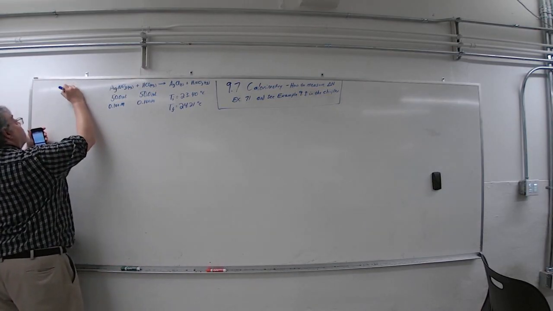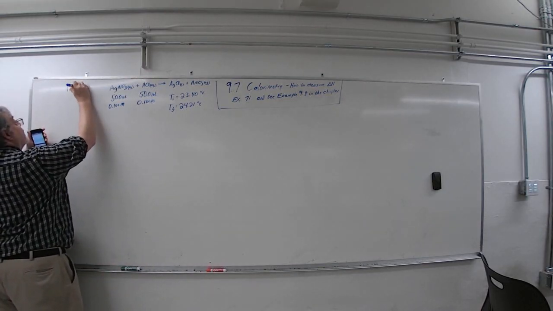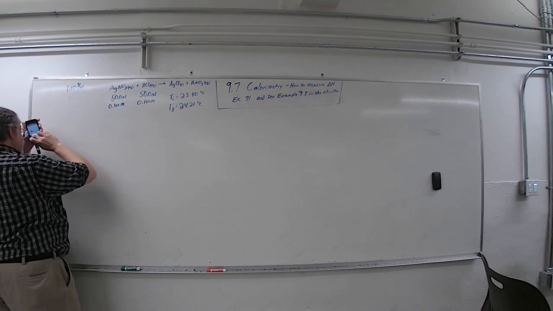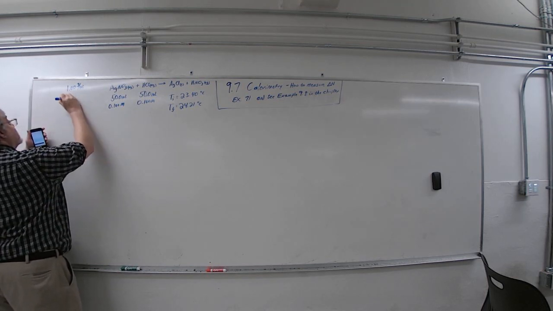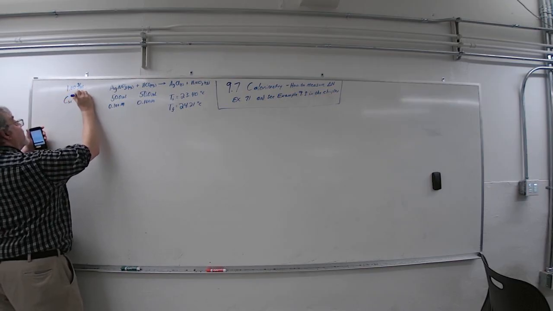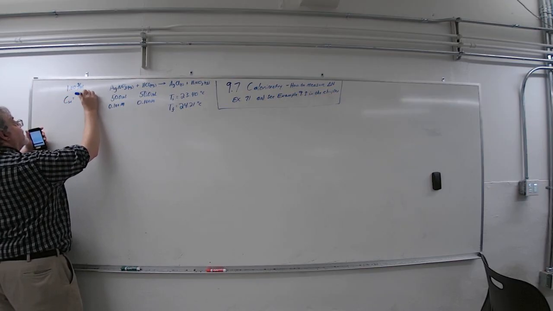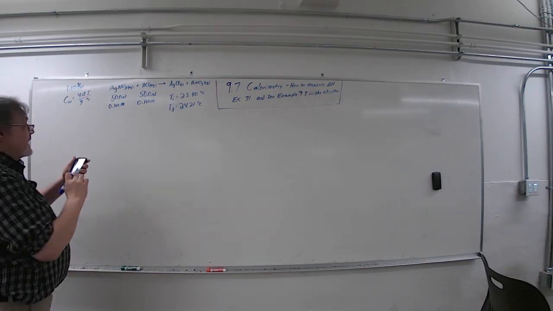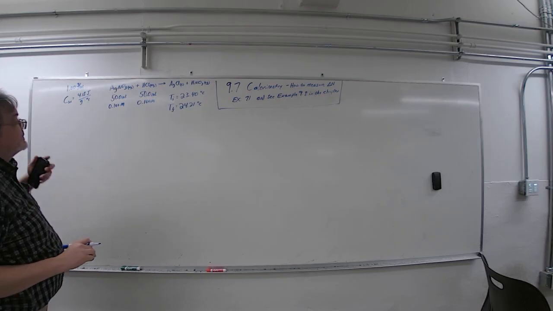And again, we're told to use 1.00 grams per milliliter for the density. And I guess we're using the same heat capacity at 4.18 joules per gram per degree C. That's all the information given to us.